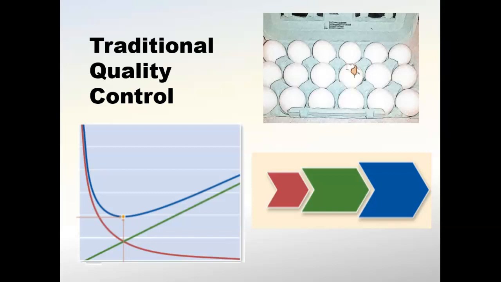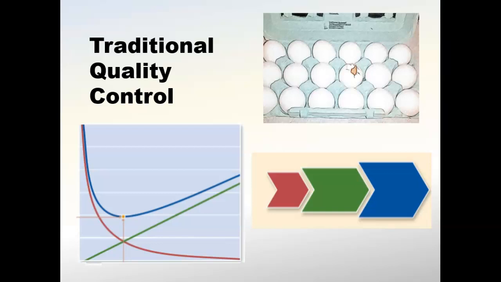Now, the traditional quality management system encompasses inputs, transformations, then outputs. So for inputs, quality management efforts would entail inspecting arriving products for conformance using acceptance sampling methods.